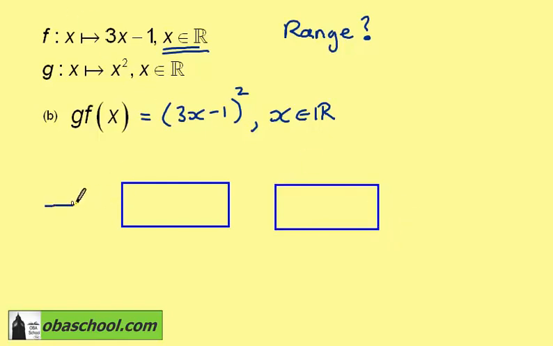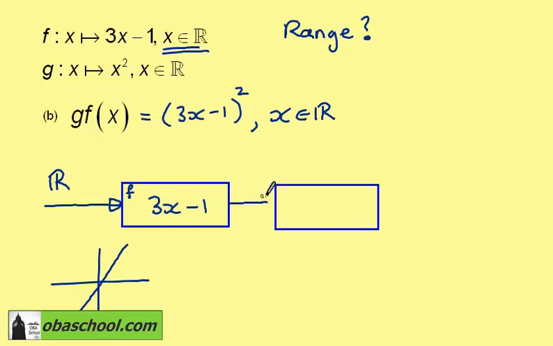Here we have the function f, and real values are going to go into it. f produces a straight line graph 3x minus 1, and this graph will have all output values from minus infinity to infinity. Therefore all of the reals come out and act as input to the next function.